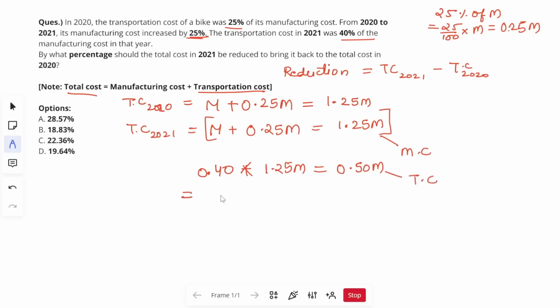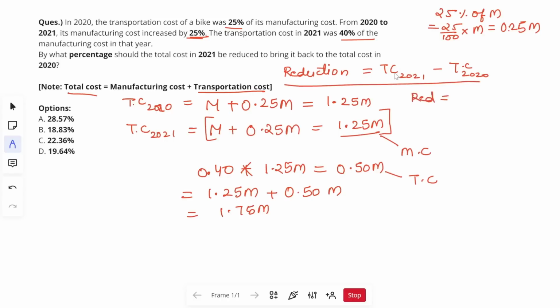So our total cost will be this one, 1.25 M plus 0.50 M. If you add both of them, you will get 1.75 M. So now we have got the total cost in 2021. Now our formula that we have written: reduction.